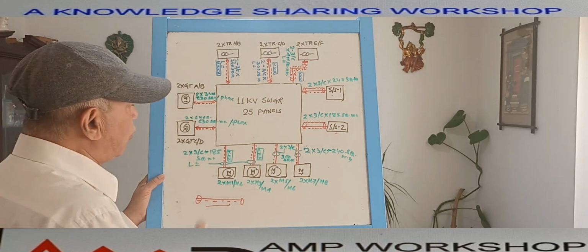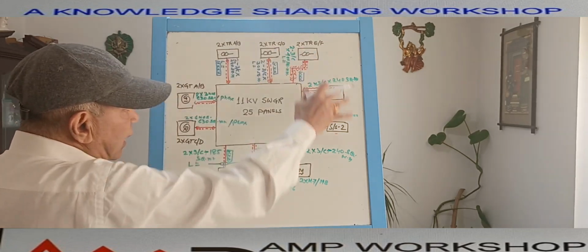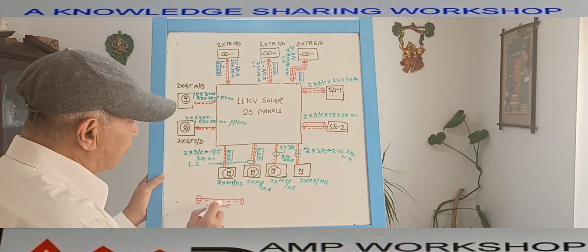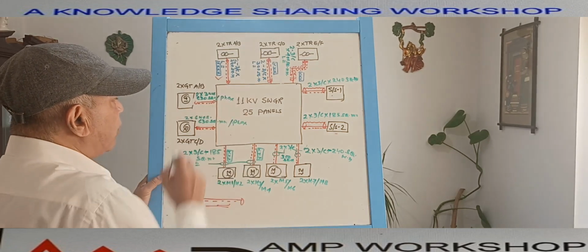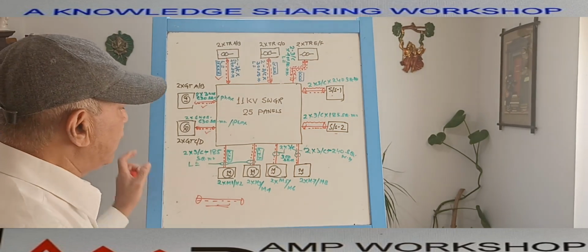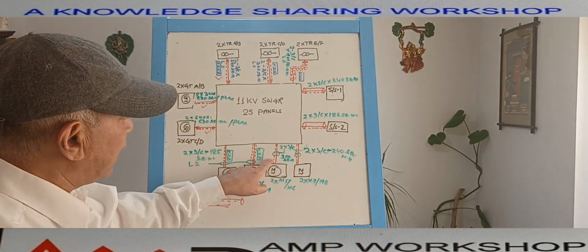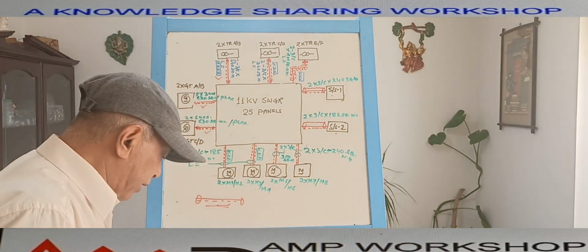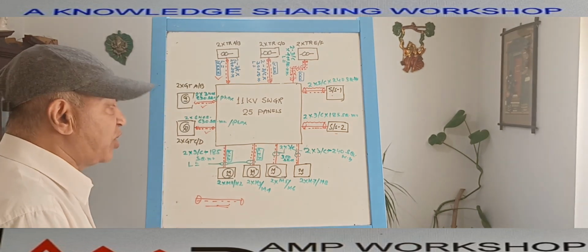This is the typical cable block diagram I have drawn. Now, this is one of the cables laid on tray, this is one, these are the cables laid on tray. So this is the symbol depicting which cables are laid on tray.